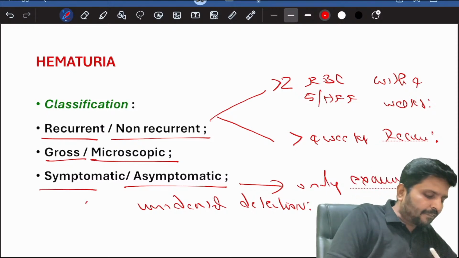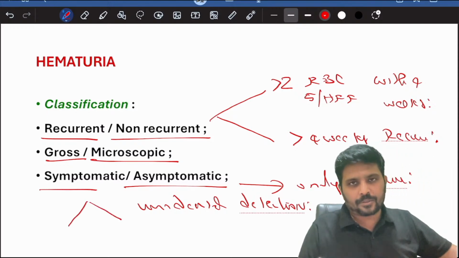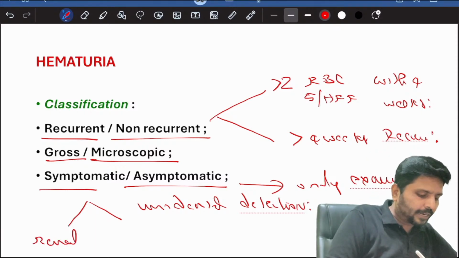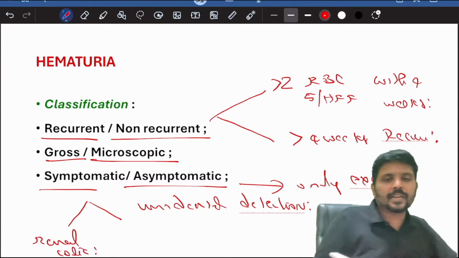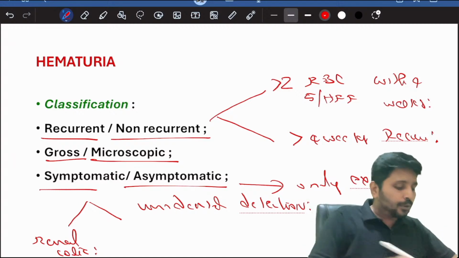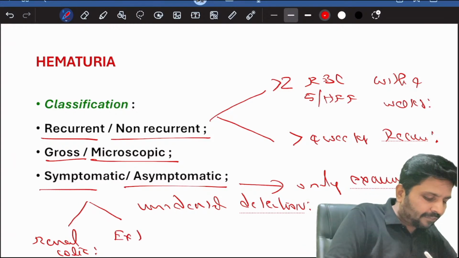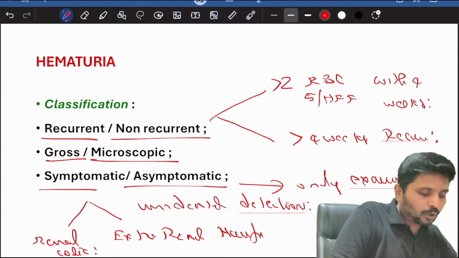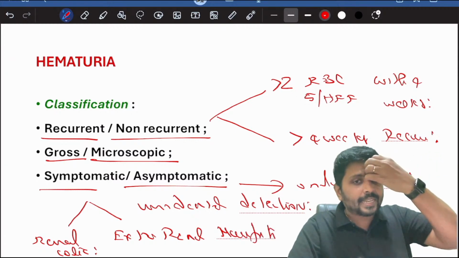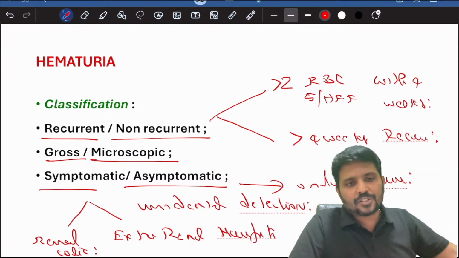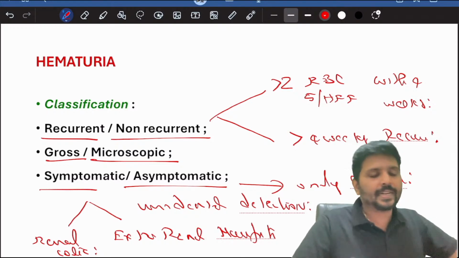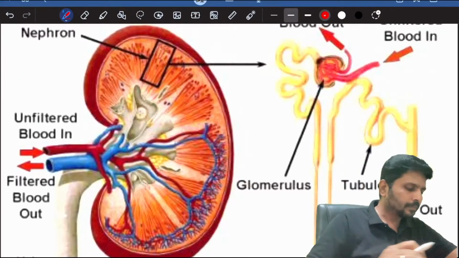But if the child is having symptoms with respect to the renal system, for example renal colic, which occurs in renal stones, or extrarenal manifestations, then it is called symptomatic hematuria.